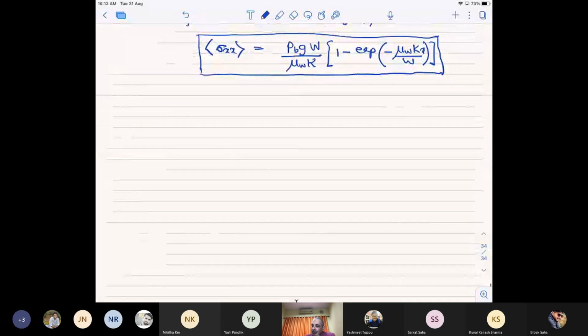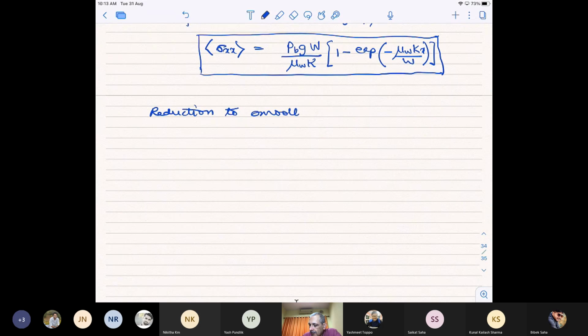Now let's look at this. First thing is, supposing I had mu w equal to 0. So what is the reduction to the smooth wall solution? That is mu w tending to 0.